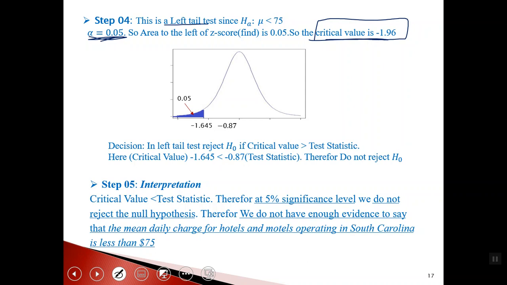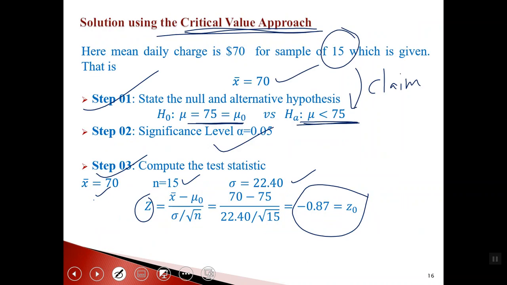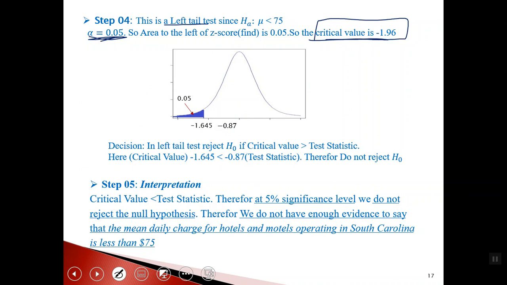So what is your calculated value? Negative 0.87. This is your calculated value, right? You can compare this calculated value with the critical value.